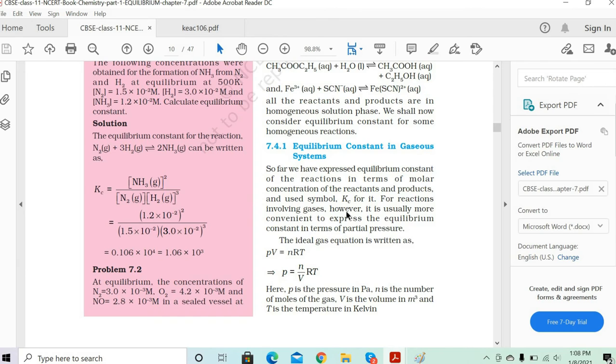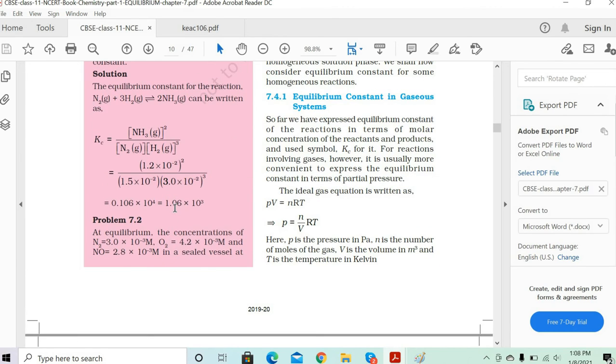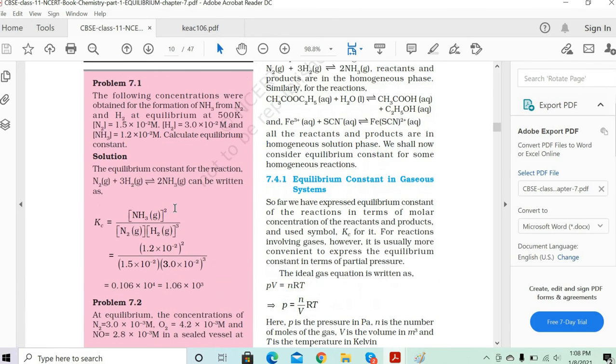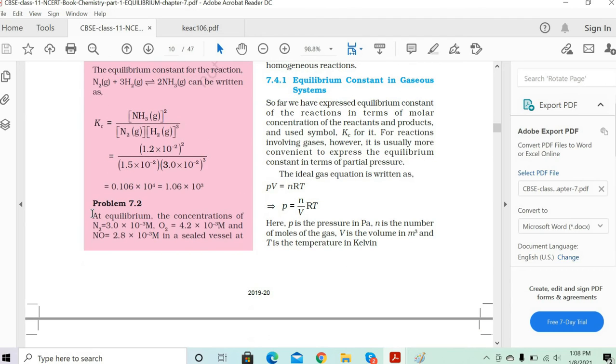So Vijay, always remember that whenever the problem statement comes, always ensure that they mention the concentration at the equilibrium. Then only you can apply this formula. Otherwise, no. So always remember that 'at equilibrium' should be there in the problem statement. Then only you can get the equilibrium constant.